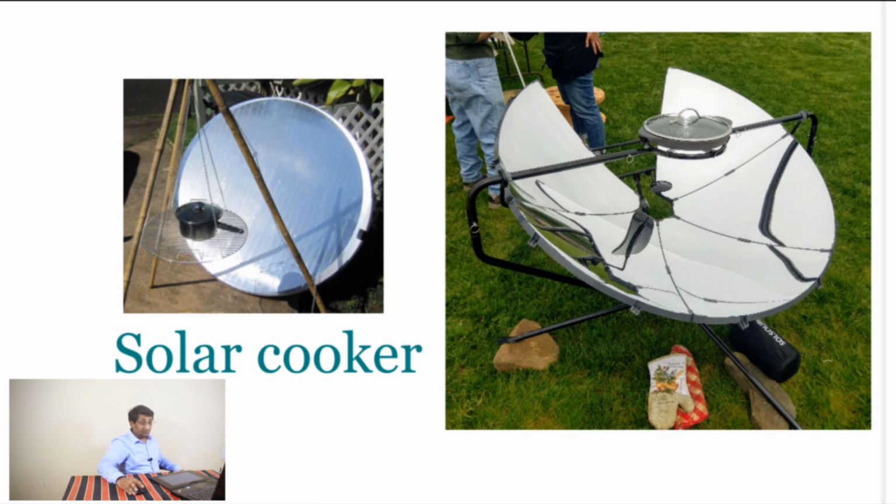Okay, let's see our last example. I have a couple of solar cookers over here. I want to describe what we have. That's a concave mirror, a huge concave mirror, and I have a cooker over here and the same thing over here. Based on this orientation, it's either sunrise or sunset time.